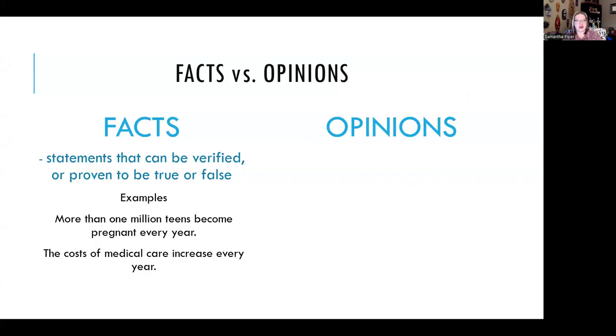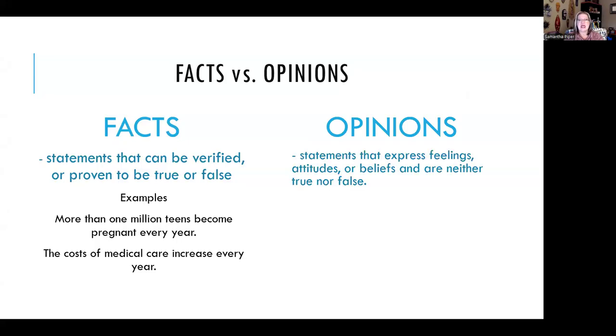Now, on the other side, we have opinions, and this is a statement that is, well, in our fields, right? This is what I think, this is what I feel, in my opinion. It's an attitude or a belief or an ideology. It's not necessarily true or false. It's an opinion.